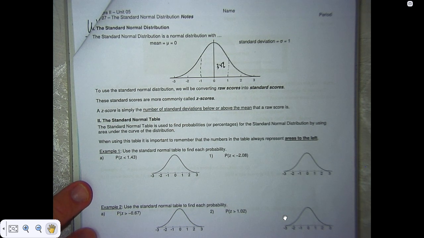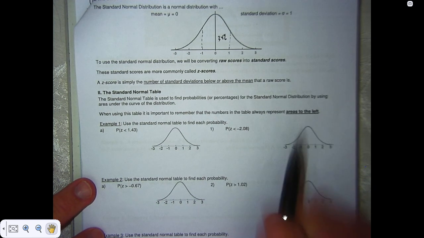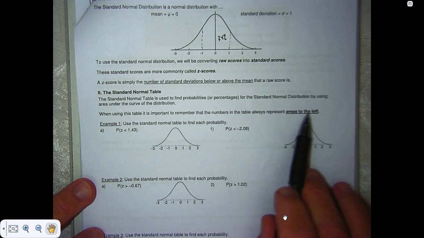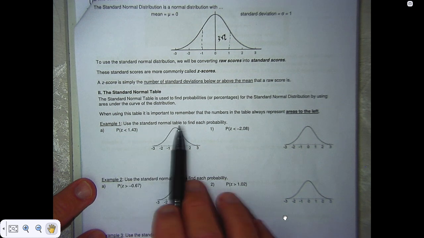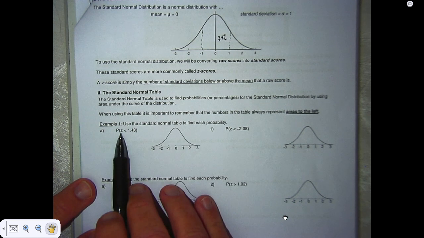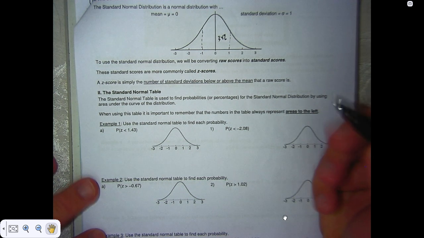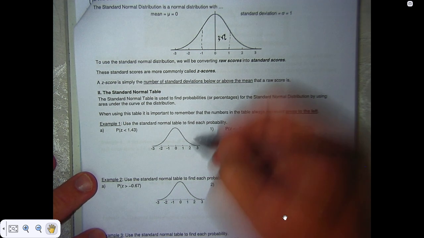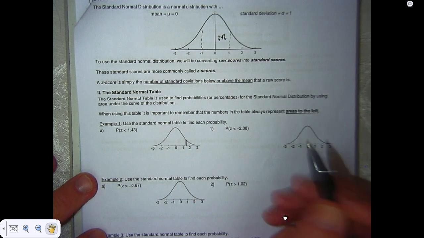Okay, so what we want to do is take a look at this first problem. The area to the left is the key on the table that we're going to be talking about. This first one says to use the standard normal table to find each probability. So we've got z is less than 1.43. What we want to do is locate where 1.43 is. 1.43 is right about here.